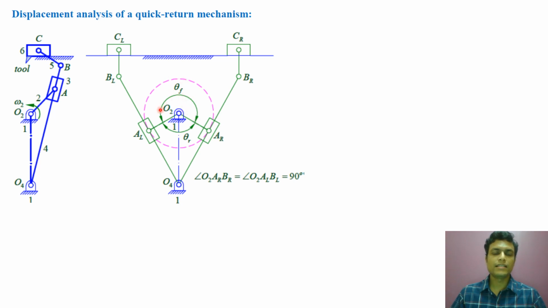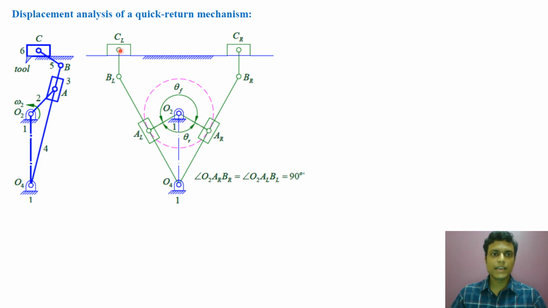So this is angle theta f, and the corresponding movement of the slider or tool holder is CR to CL. So the forward stroke is from right to left. From O2AL, the crank starts rotating in the counterclockwise direction and reaches O2AR.